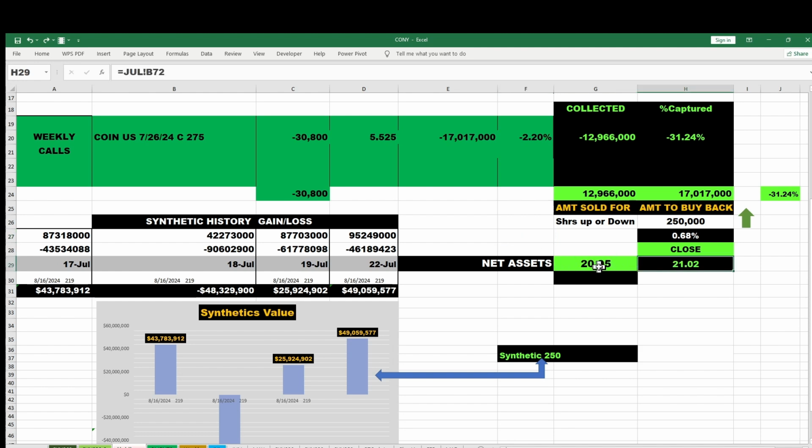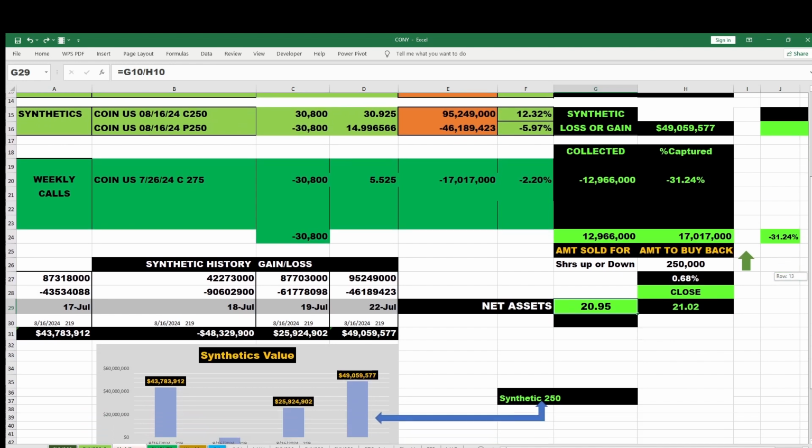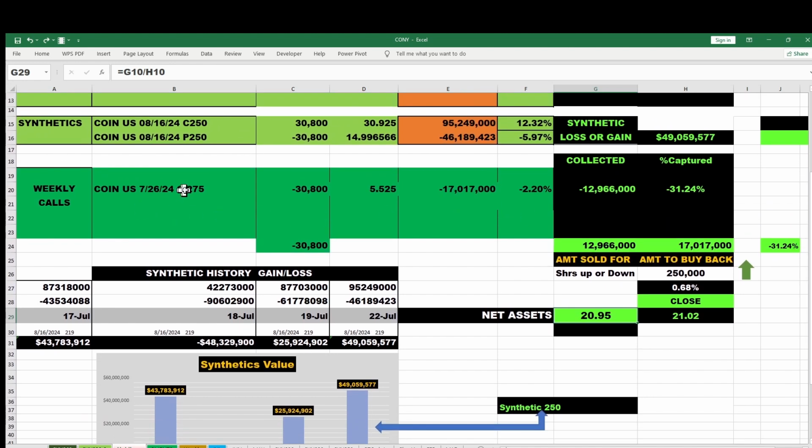So where do we close? 21.02. What's fair value? 20.95. Let me show you how we move up and how this works. But remember that 275 is the key capping number here. Not much we can do about that. We're going to run because we're past the 250s, and every day that we move up, we gain significant value. But once we hit 275, we basically lose dollar for dollar.